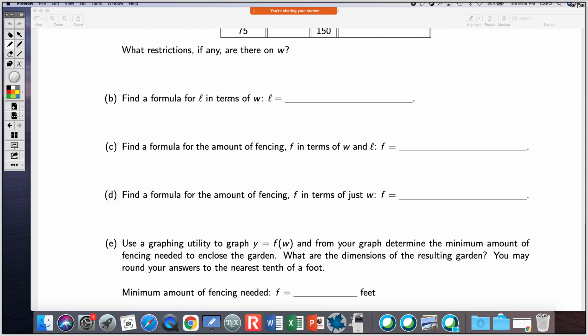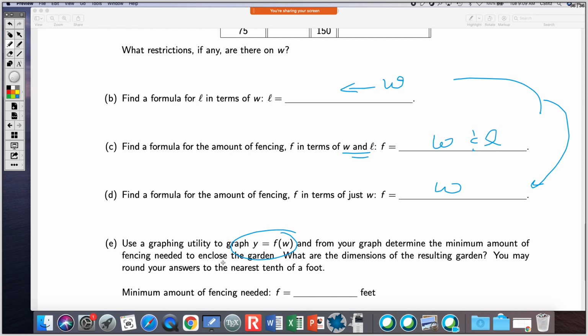So if I knew what W is, how did I figure out L? So that's going to be one formula. How did you find the formula of the fence in terms of W and L? So this formula is just going to have W in it. This will have W and L in it. And then you can use these formulas together to get a formula with just W in it. And so that's your function.